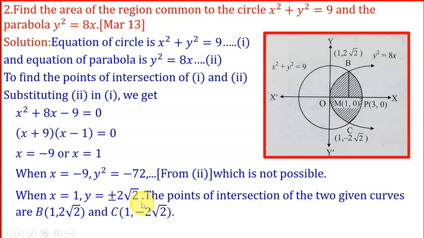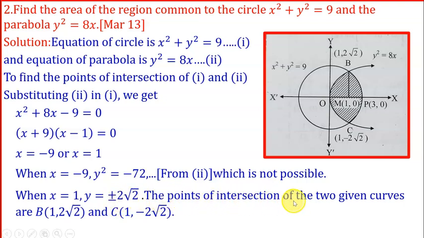When x is equals to 1, then you will have y is equals to plus or minus 2 root 2. You can substitute here the values: when x is equals to 1, y square is equals to 8 into 1, that is 8, and take its square root, that is root of 8, which means 2 root 2. Then you will have the plus and minus values, that is y is equals to plus or minus 2 root 2.